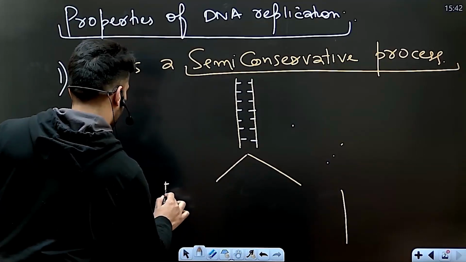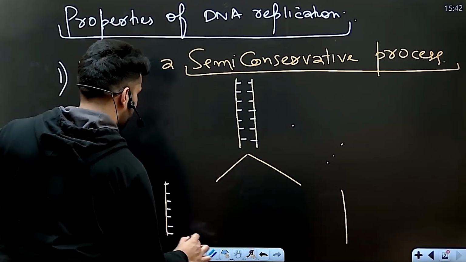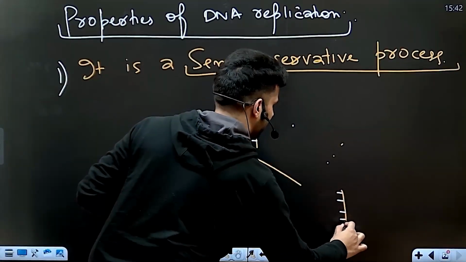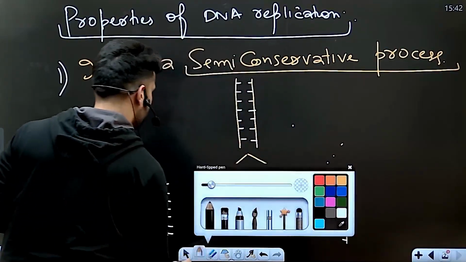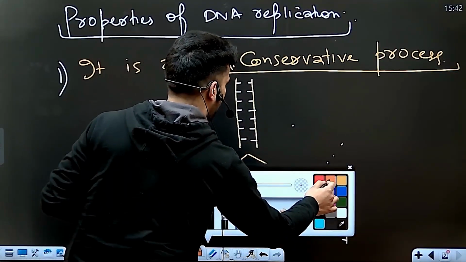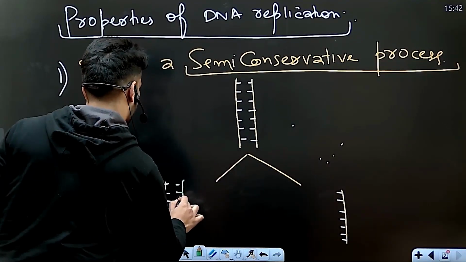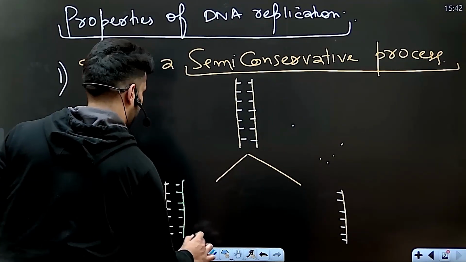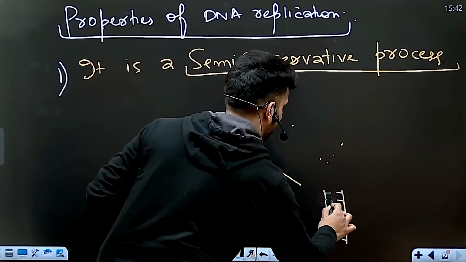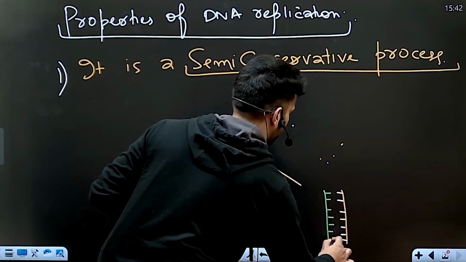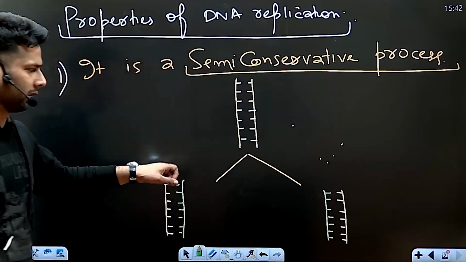These are the two separated strands. During replication, these two strands separate, and the new DNA will be synthesized on these single strands.